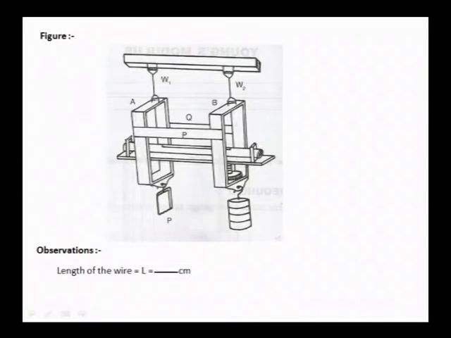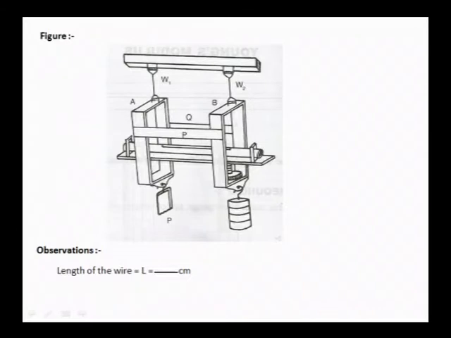Initially, with the dead load P, without adding any load to W2, we adjust the Searle's apparatus for equilibrium, or we see that the spirit level is at the level, so that the spirit is at the center. The spirit level is shown below P. So, when the spirit level is at the center, the two wires are at the same length.